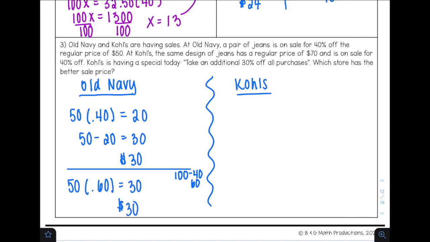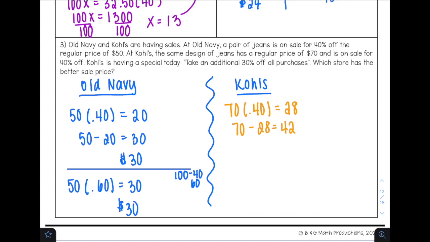All right. For Kohl's, I have an item for $70, and I'm going to have a sale for 40% off. I'm going to get 70 times 0.4, 40% is 28. 70 minus my $28, I'm going to get 42.